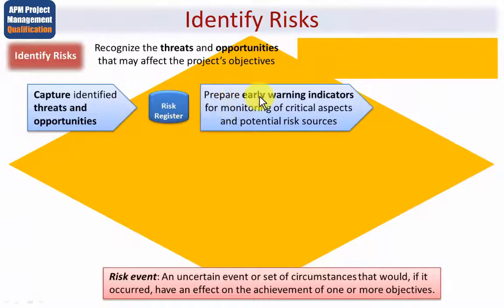You would also want to prepare early warning indicators for monitoring of critical aspects and potential risk sources. Yes, let's for example imagine a risk that the cost of importing certain products to be used in your system that your project is designing comes from a country in a different geographical area, and that exchange rates have been fluctuating recently.